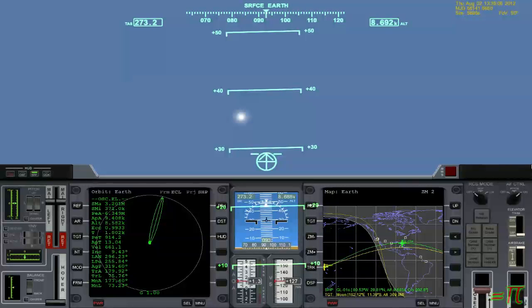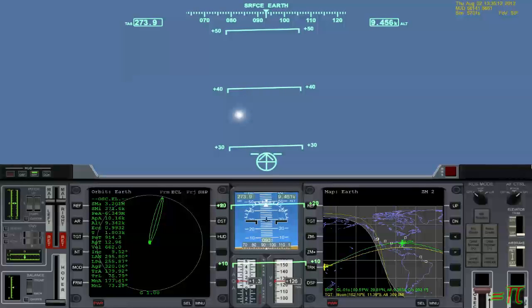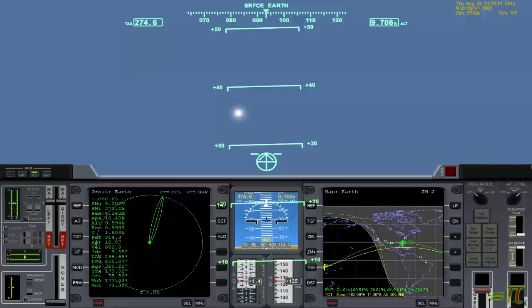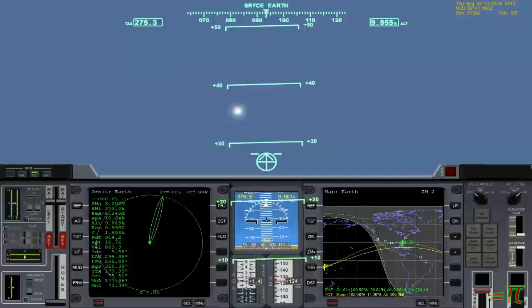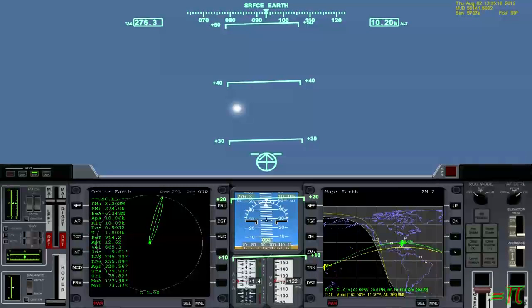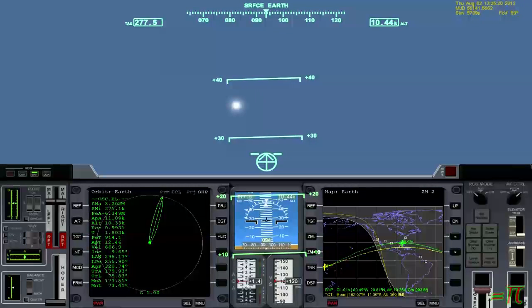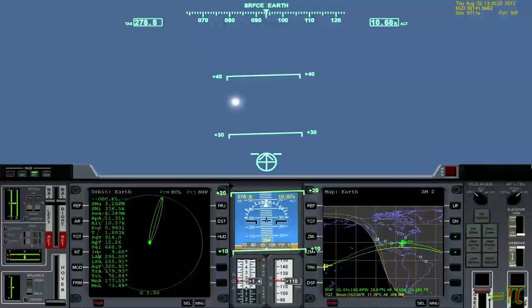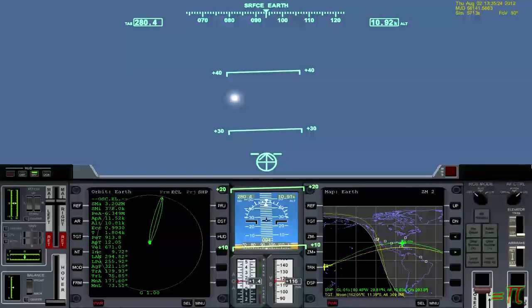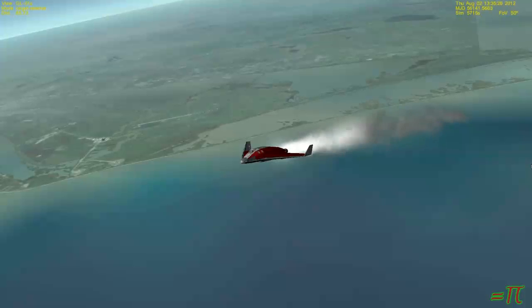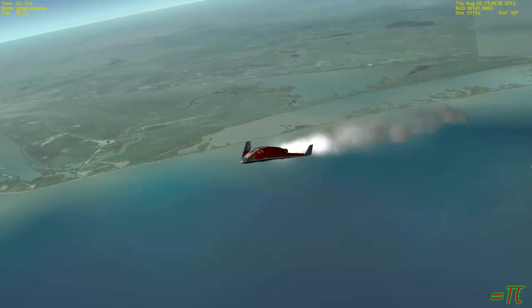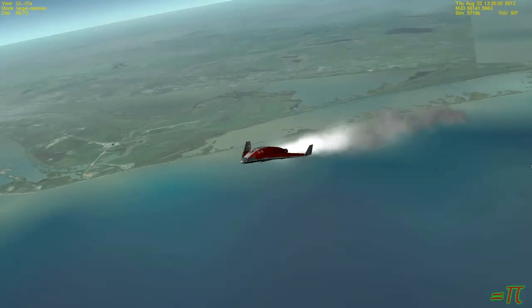Climbing at about 127 meters per second. And we're leaving the Cape behind.